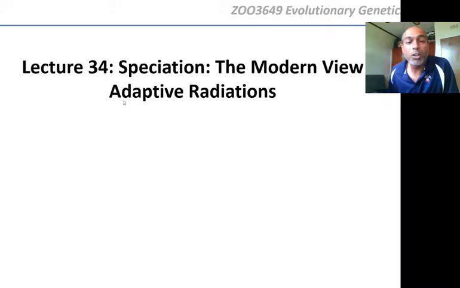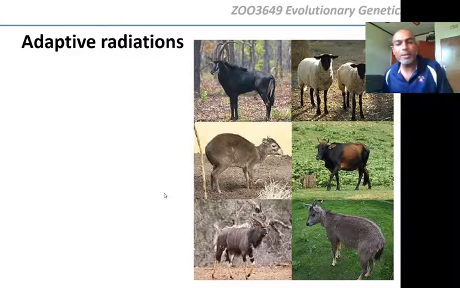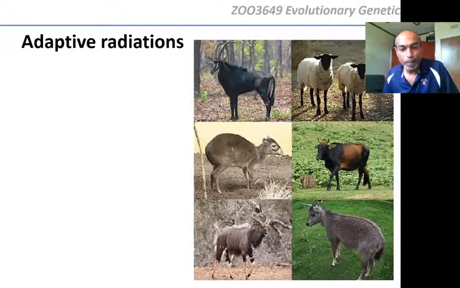And so we're continuing this now, this idea with adaptive radiations. Now, what is an adaptive radiation? You know what an adaptive radiation is. We've studied it in biology before. You've heard the term in first year, you heard the term in second year.